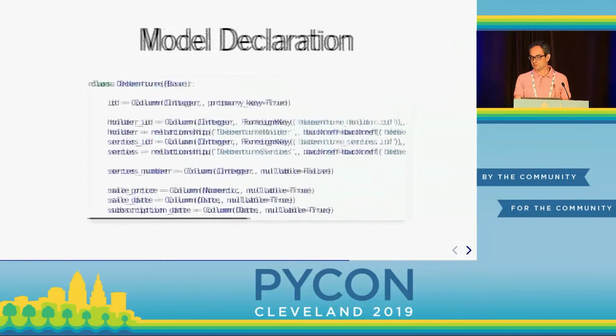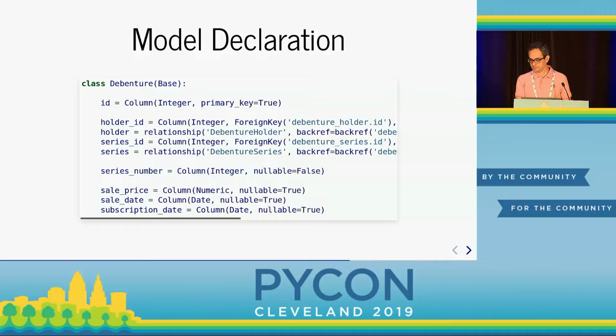So for example, one model is this debenture, which has a relationship with the debenture holder, like I showed before. So we also model an attribute for the relationship. And so when I access this attribute in an instance of the debenture, I'm looking at an integer.